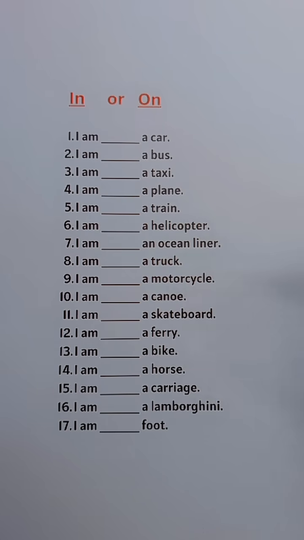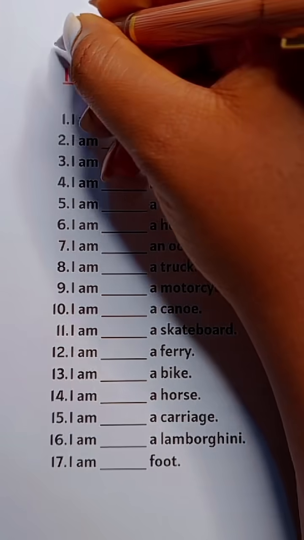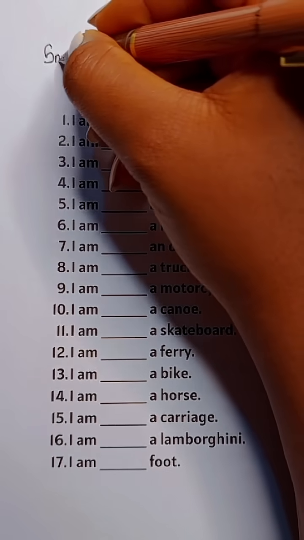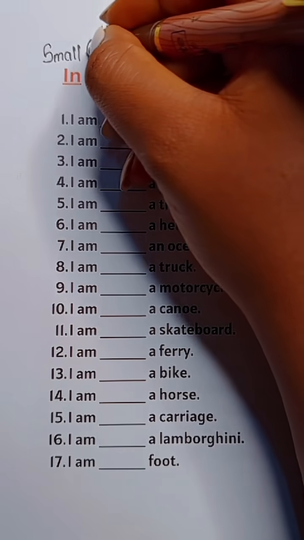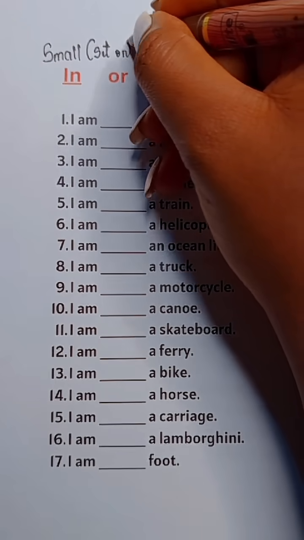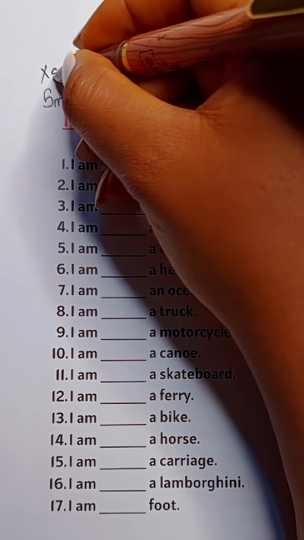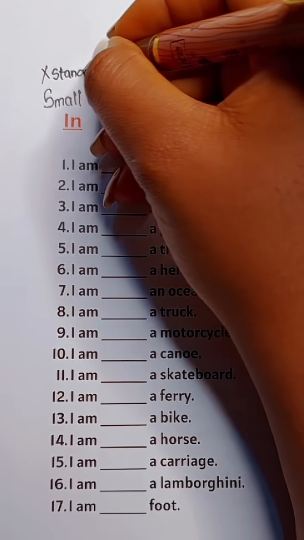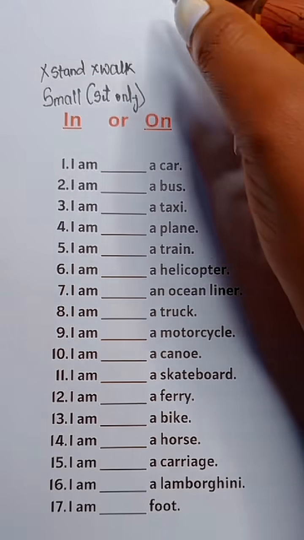Let's get started. In is used for small vehicles that you can enter and sit in only. You can't stand in a small vehicle and you can't walk around in a small vehicle.